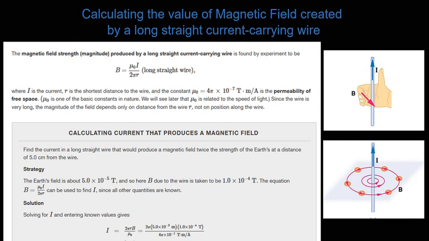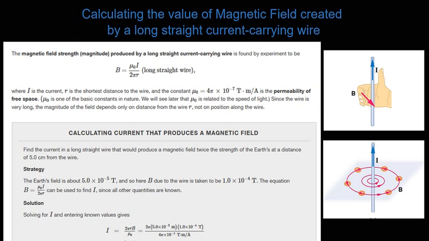Now, we have taken several examples in the previous video and learned about using the right hand thumb rule to get the direction of magnetic field. In this video, we will talk about how to calculate the value of the magnetic field.